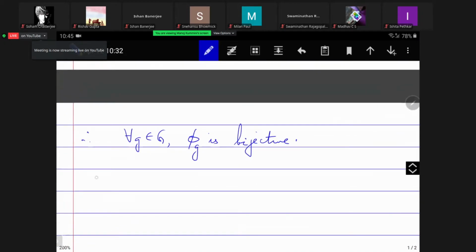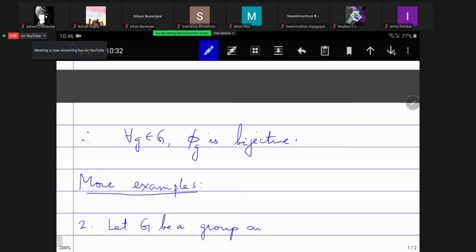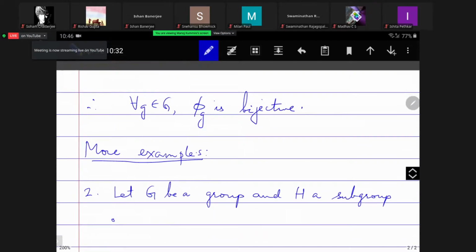Okay. So more examples. In fact, many natural things that you have studied so far are examples of group actions, though not stated in that way. Let G be a group and H a subgroup of G. Then H is a group and G is a set.